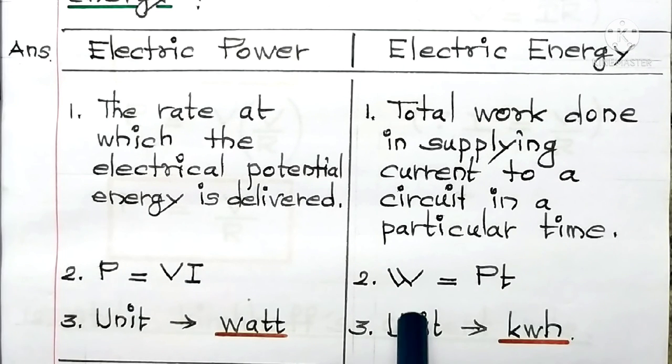W stands for work done, P stands for power, and T stands for time. Here P stands for power, V is voltage, and I is current. The third point of difference is unit. The unit for electric power is watt, whereas the unit for electric energy is kilowatt hour.